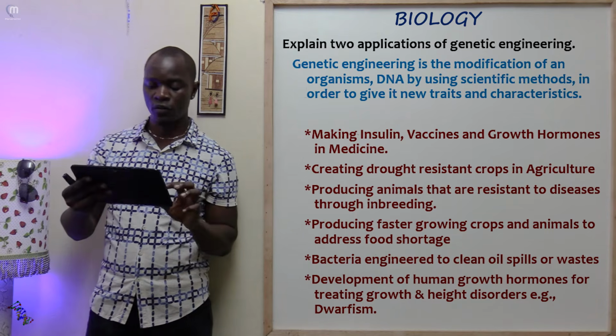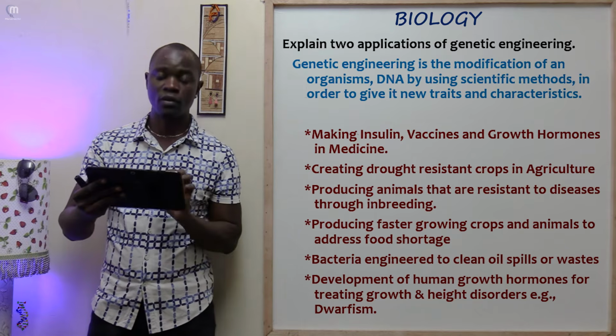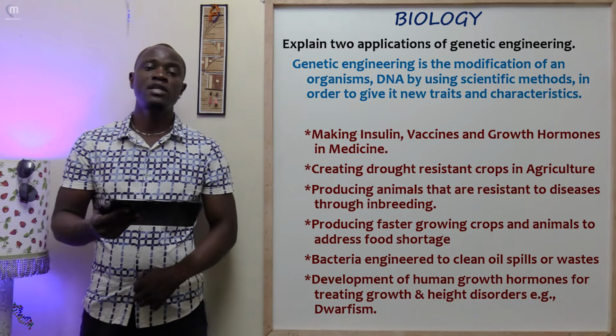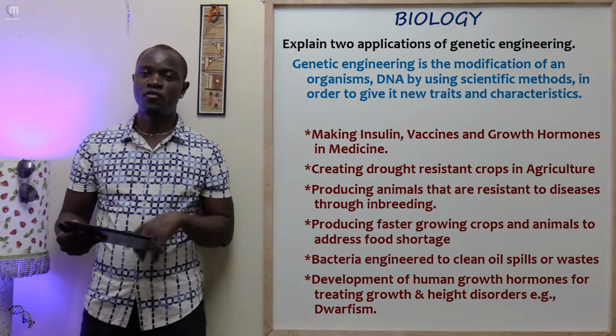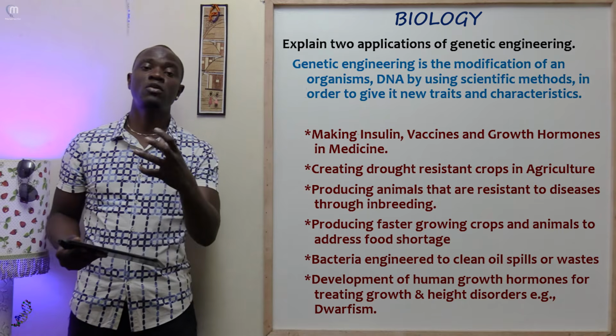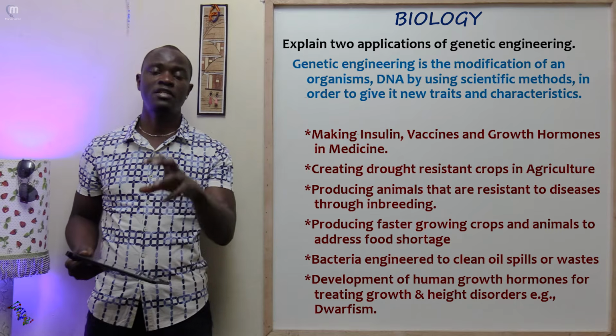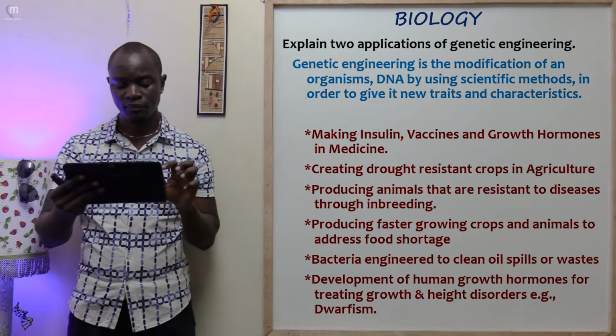Simply remember that genetic engineering is the modification of an organism's DNA by using scientific methods. If we alter the DNA of organisms using scientific methods, that is called genetic engineering. So we are going to obtain the characteristics and the traits that we ourselves want.